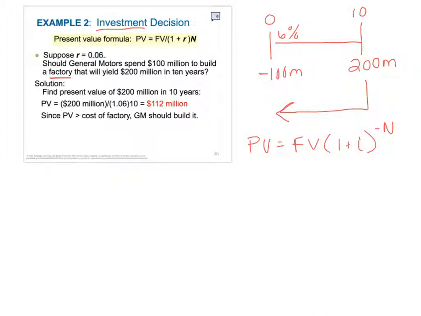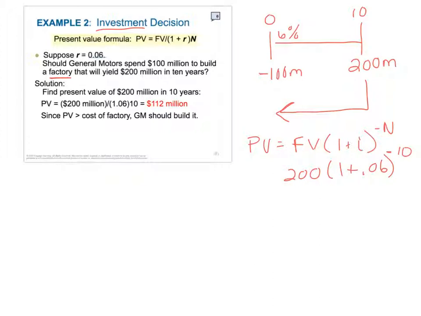Filling this in, I'm going to say the future value is 200 million, 1 plus the interest rate of 0.06 to the negative 10th power. When I do that, I end up with 1.06. I'm going to hit my y to the x key, put in 10, and then hit my plus minus key.